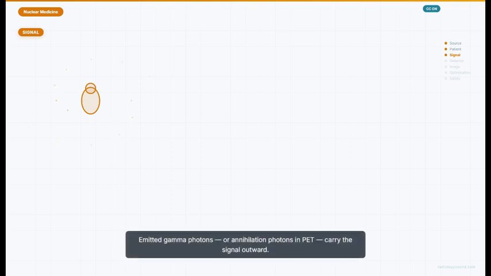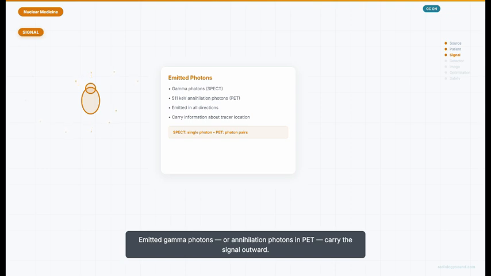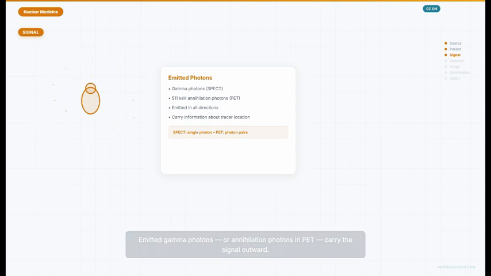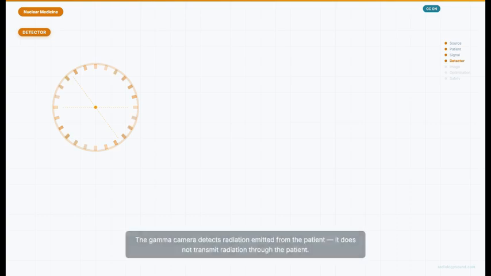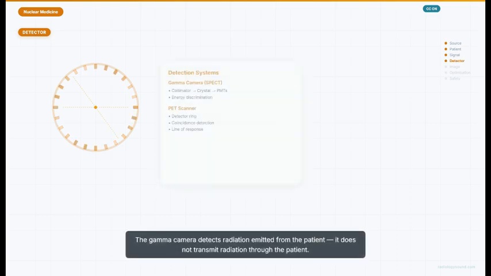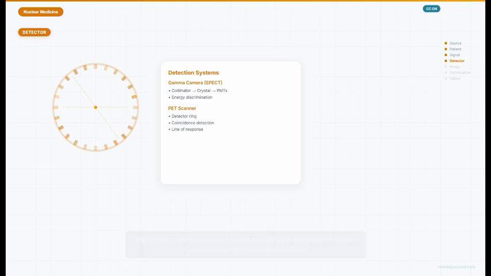So we are now moving to the signal. How can we detect the signal? We have our signal. What will happen? The detector will do its work, but the detector depends on the type of procedure being done. Whether it is a gamma camera or SPECT, the collimator collimates the signal coming to the crystal, to the PMT, that's the photomultiplier tube, and then discrimination, sensitivity, detection of coincidence, line of response, and others.